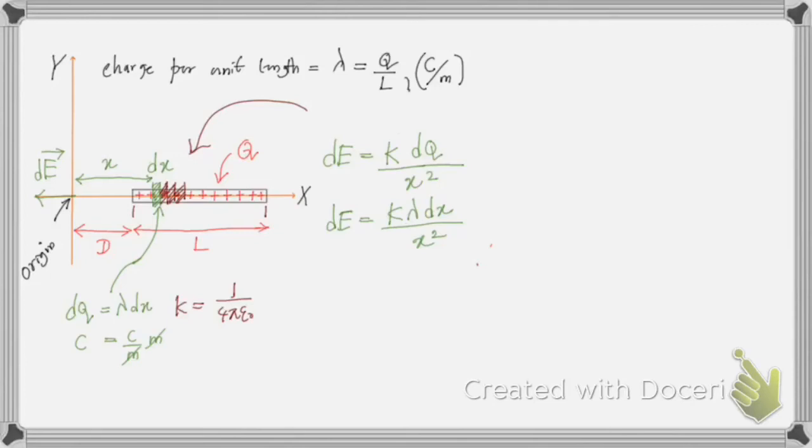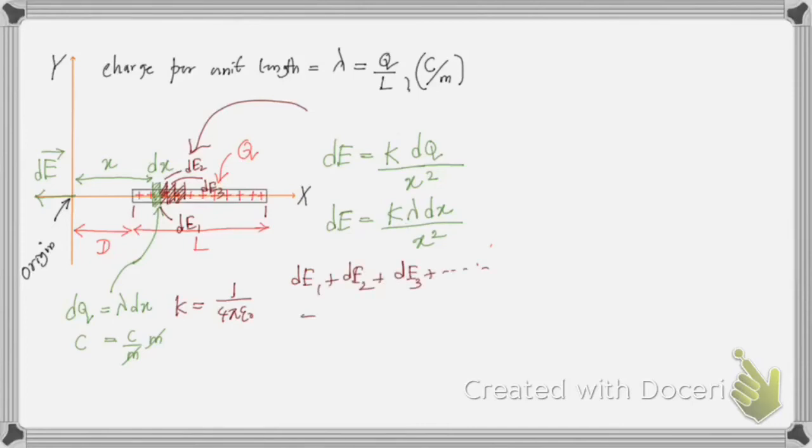So if I write the electric field due to this segment is dE1, this segment is dE2, and this segment is dE3, I can add all these together.